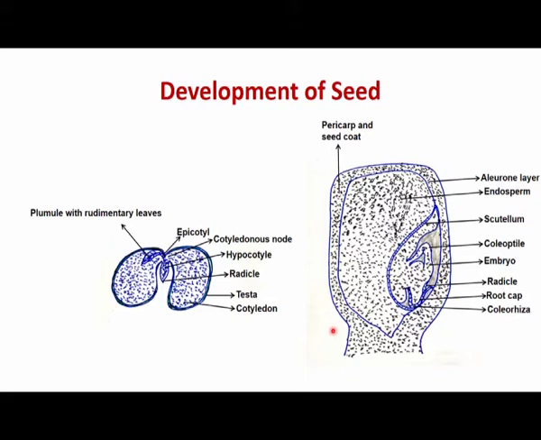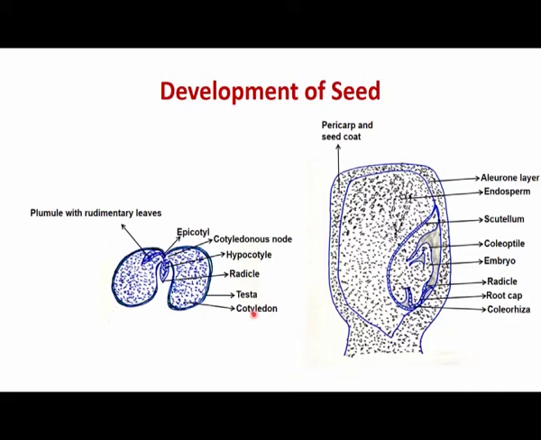A seed having enough quantities of endosperm is called an albuminous seed, whereas a seed where the endosperm is used up for embryogenesis does not contain a large quantity of food material, and these kinds of seeds are known as exalbuminous. Exalbuminous seeds normally contain the food in the form of cotyledons, for example many types of pulses, like gram.